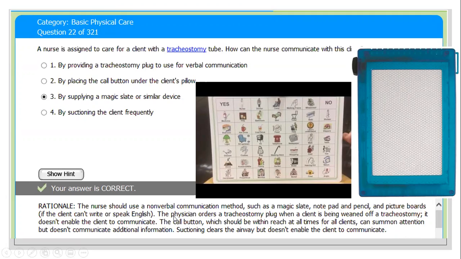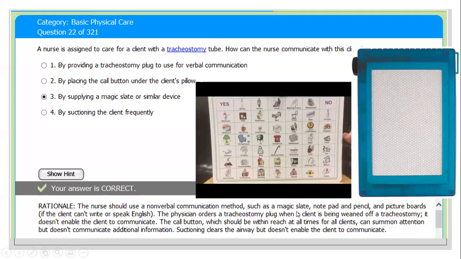The physician orders a tracheostomy plug when a client is being weaned from a tracheostomy. It does not enable the client to communicate. The call button, which should be within reach at all times for all clients, is also important for getting attention, but does not communicate additional information.